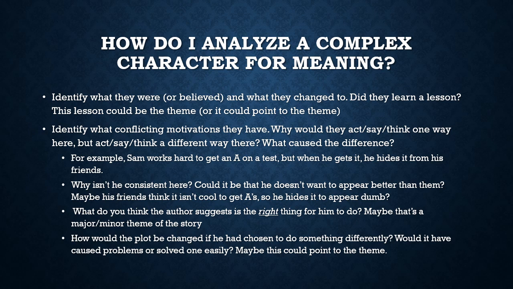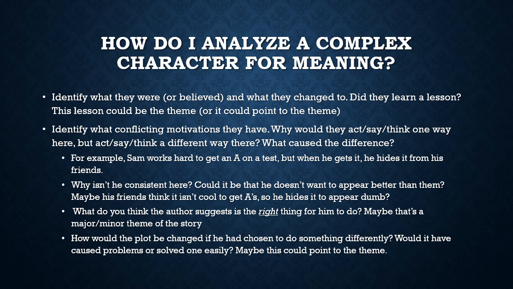This lesson could be the theme, or it could point to the theme, like we were saying earlier. And you could also try to identify what conflicting motivations they have. Why would they act, say, or think one way here, but then act, say, or think a different way there? And what causes this difference? So you can analyze what motivations they have.